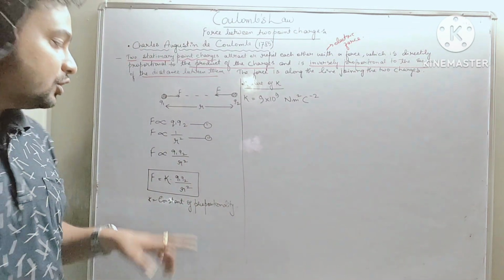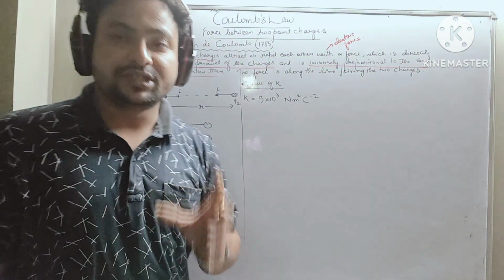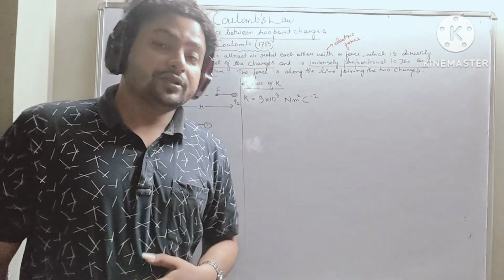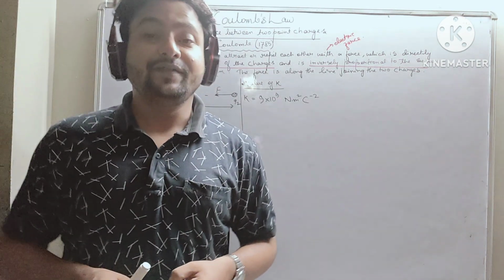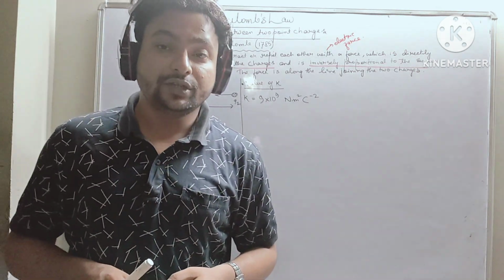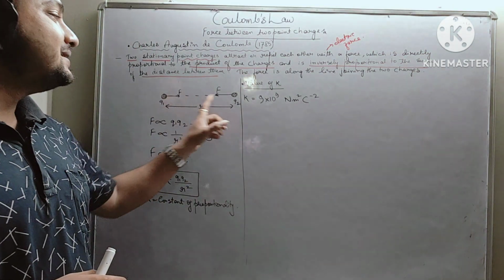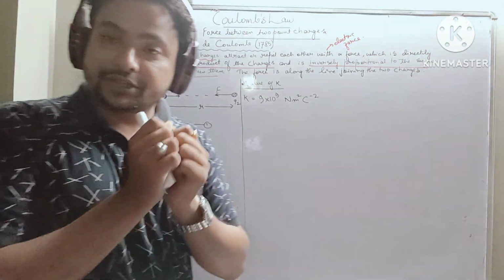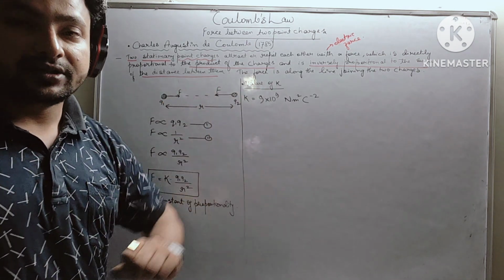In gravitational law also we get a constant, the universal gravitational constant, capital G. But there is one important difference between gravitational law and Coulomb's law. The gravitational force of attraction does not depend on what medium is between the two masses.